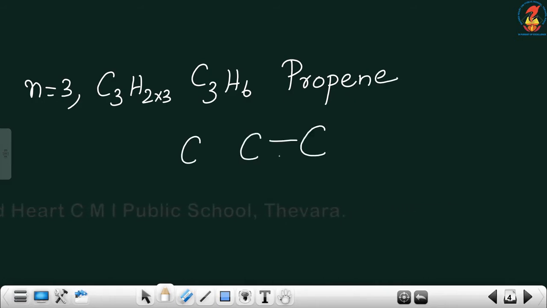Three carbon atoms. One bond you can write as a double bond. You can write a double bond between the first and second carbon atoms also. Anywhere you can write the double bond, but one bond should be a double bond. So, the other bond is a single bond. Now, take the first carbon. One valency is occupied with the second carbon. Three free valencies are there where you have to write single bonds to hydrogen. Now, take the second carbon.